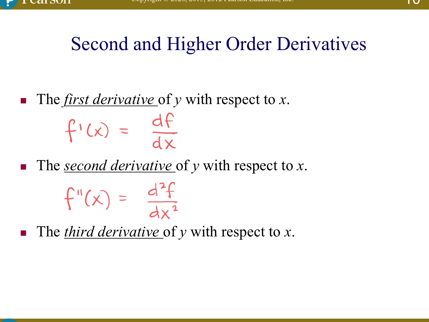And yes, Leibniz put the 2 between the d and the f, and then he put the 2 after the x. It doesn't mean squared. Okay, it does not mean d squared. It's just his symbol for the second derivative.